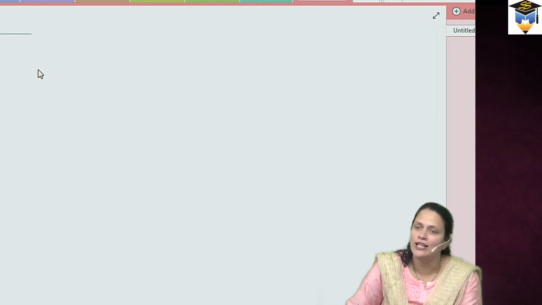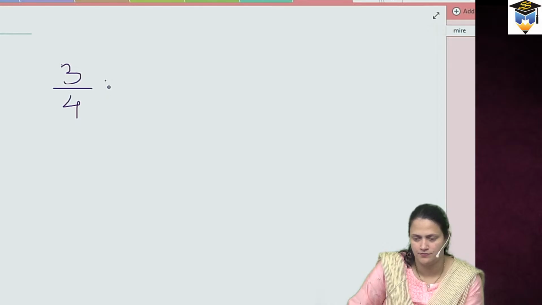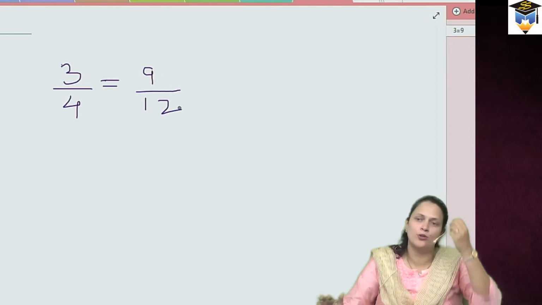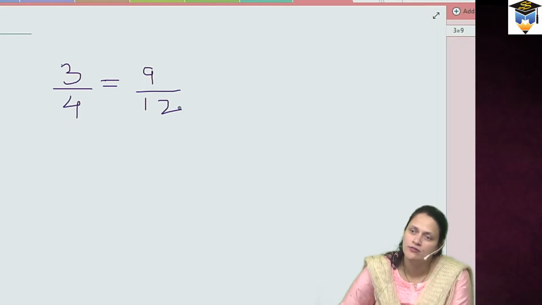If I say there is a ratio that is given to us, if this is the ratio given to us, first check, is it in proportion? No. Why? When we check for the equality, what do we do? Convert it to the lowest form. So when you convert this to the lowest form, is the answer 3/4? So that means they are in proportion.